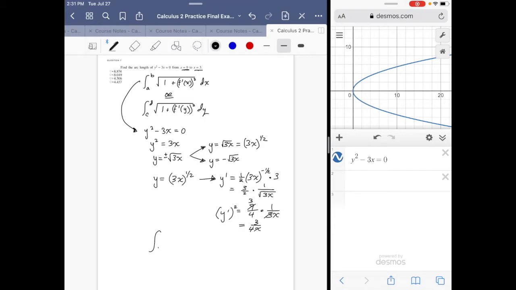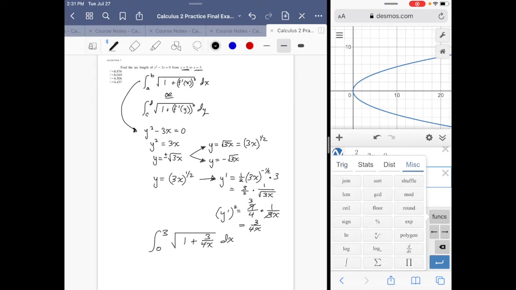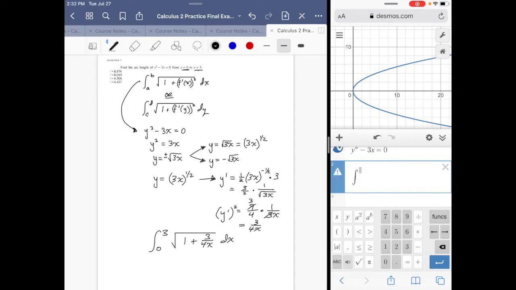So I'm going to integrate over the interval of 0 to 3 the radical of 1 plus, I've already squared it, so 3 over 4x dx.